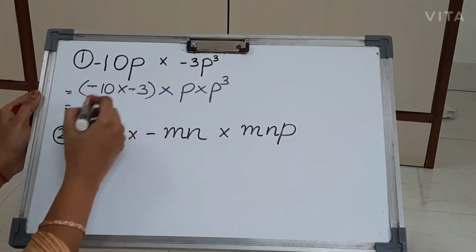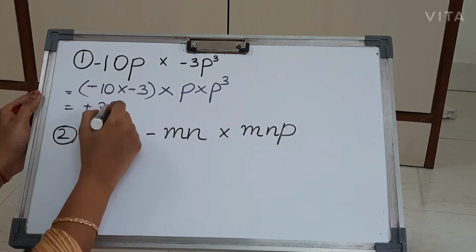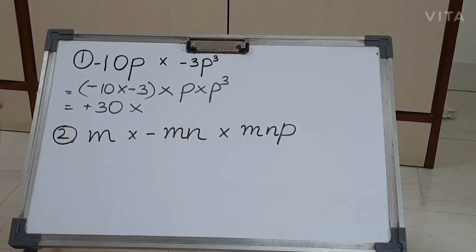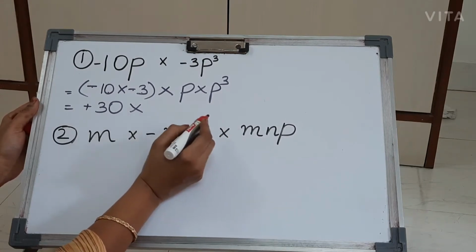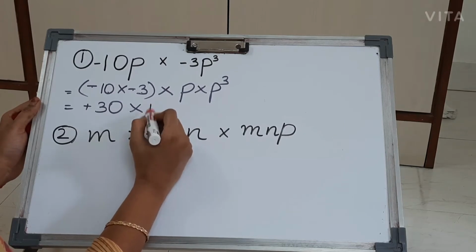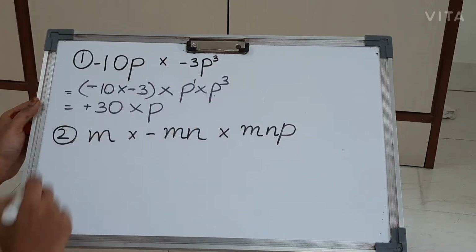Minus into minus is always plus, and 10 threes are 30, and multiply with, now in the first part of my video I explained the power of literal quantities. I will again give that link in the description box. You can see how I did that, the base p is the same. Now here nothing is there, which means it is 1.